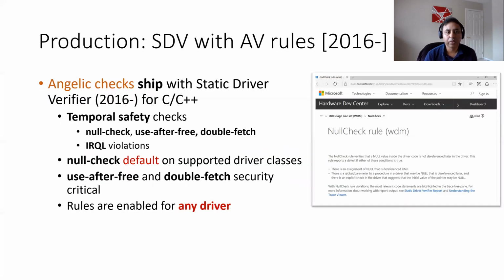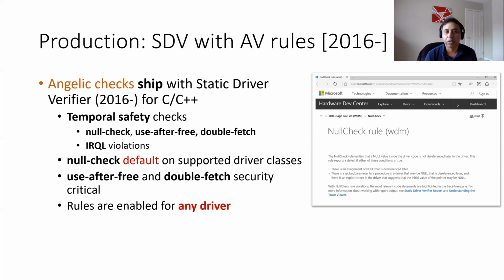So this was the prototyping, and once we prototyped, we've been shipping these rules within the SDV starting in 2016. So these are the rules I mentioned. Double fetch is in private preview and would be available in the next WDK release. The null check rule, which is most exercised now and has found lots of defects, is documented on MSDN.